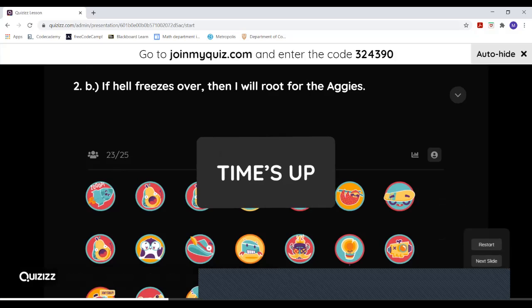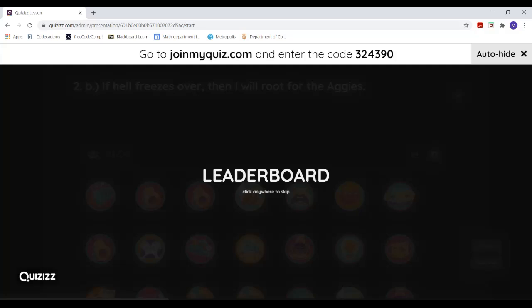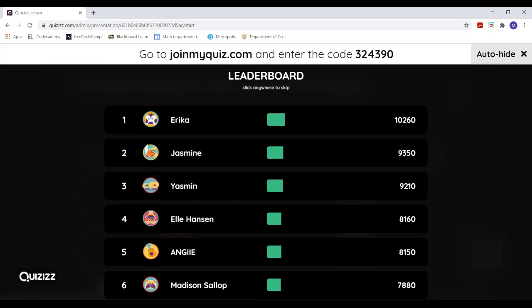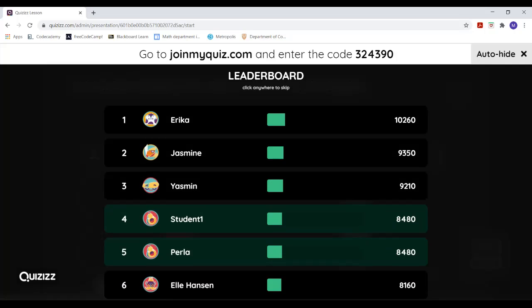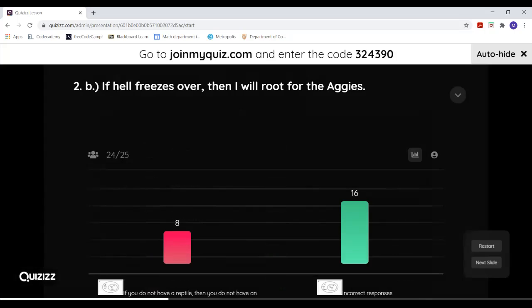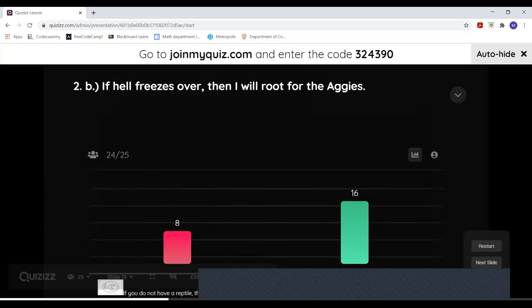So we gotta get this thing down. All right, so the first thing is hell freezes over. So hell freezes over should be the thing in the smaller circle. Rooting for the Aggies should be the thing in the larger circle.